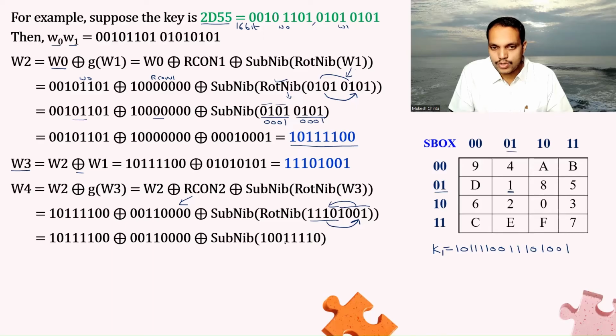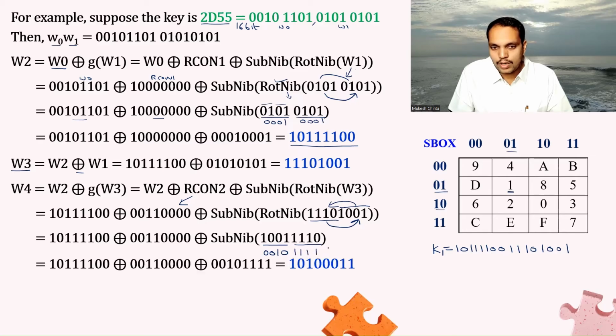You can see 1001 1110. Now this goes through substitute nibble. 1001 has to go here, so 1001 gives 2, which is 0010. And 1110 gives F, so 1111. Check it out. And you perform an exclusive OR operation, you get the W4 value now.